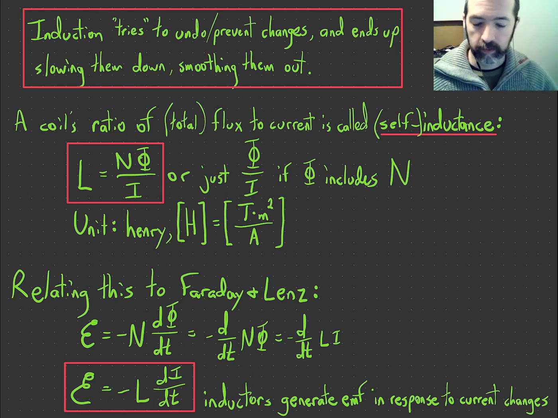So I'm going to make a definition here. This quantity in the red box, capital L, is called self-inductance, although in practice people usually just say inductance without the self. And it is the ratio of the amount of flux going through the coil to the amount of current that's going through the coil.